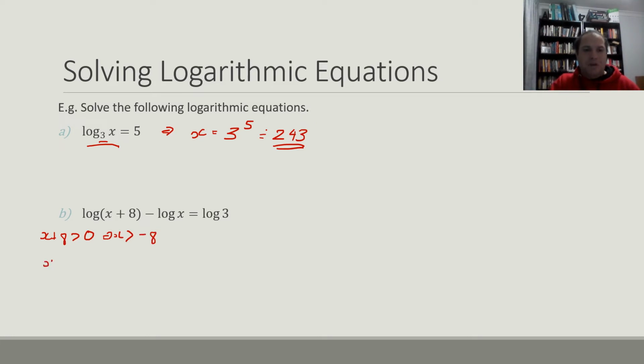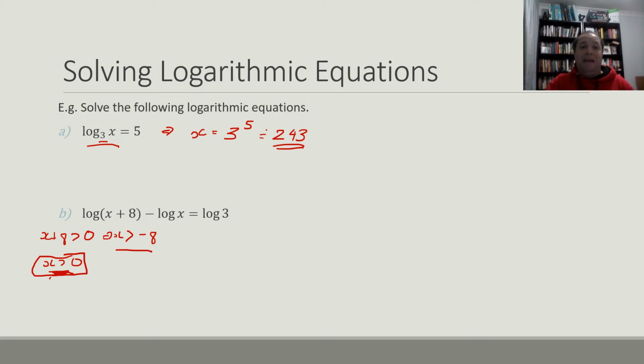And we also must know x is greater than 0. This second inequality basically covers both, because if x is greater than 0, it's also greater than negative 8. So we can just consider x is greater than 0.